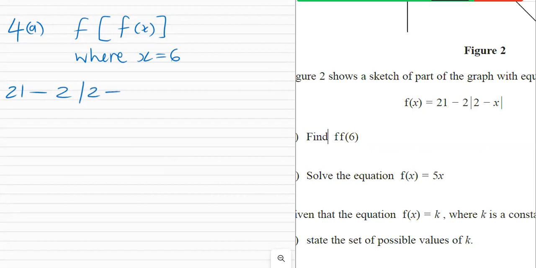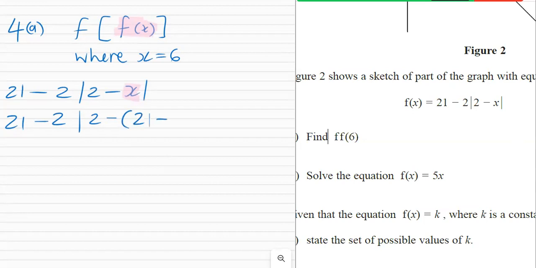And then wherever I see an x, I'm going to exchange the x for the whole function again. So the whole function inside a function. So we have 21 minus 2, and then the whole function inside there again. I'll just leave it in a bracket.